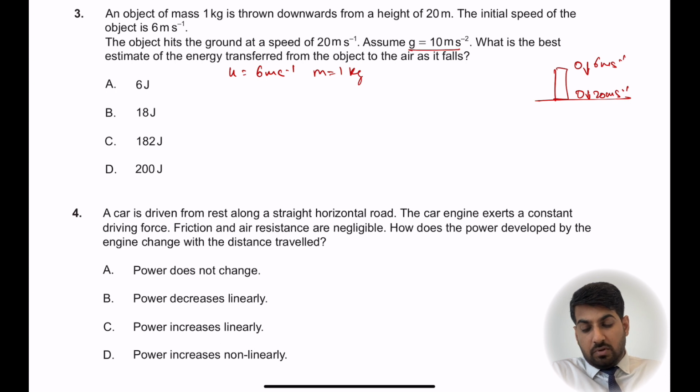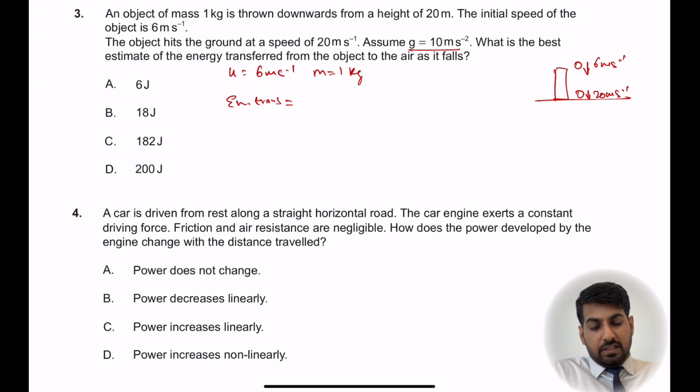Assuming g as 10, what is the best estimate of the energy transferred from the object to the air as it falls? So this is nothing but the loss in the energy, right? So the initial energy is what? I can say the energy transfer is equal to the loss, the initial energy minus the final kinetic.